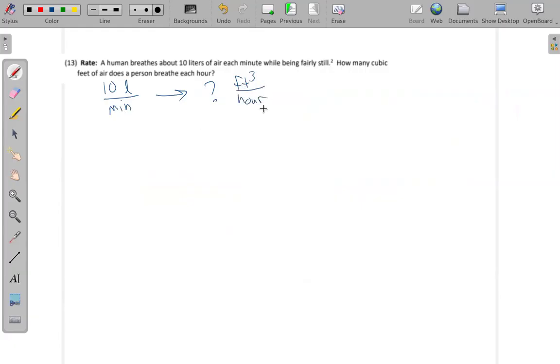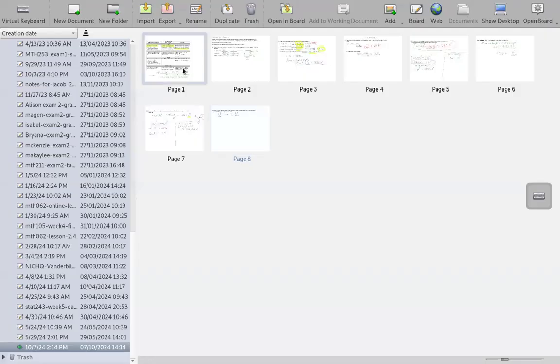All right, minutes to hours, that's going to be easy. Liters to cubic feet, that's going to be a bit of work. All right, so let's collect some things to do that. Liters to cubic feet. So I need to go back and review the cheat sheet.